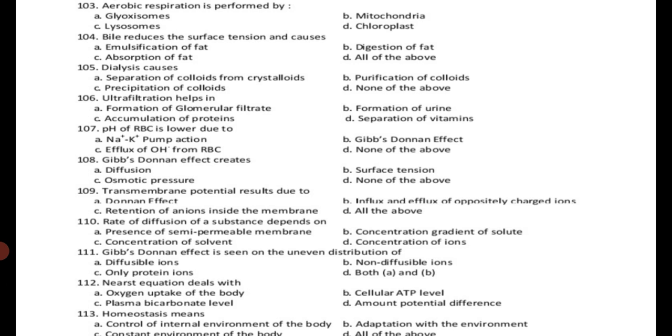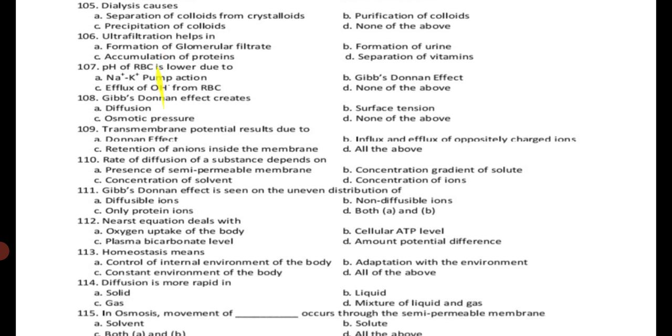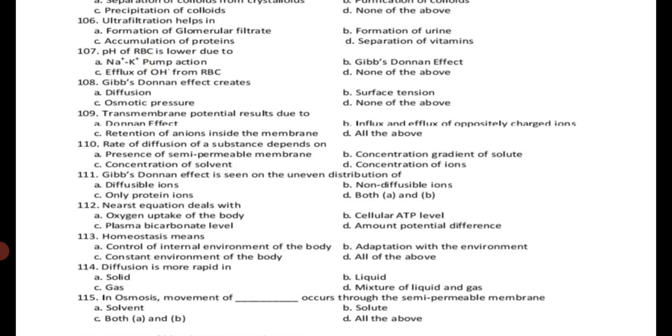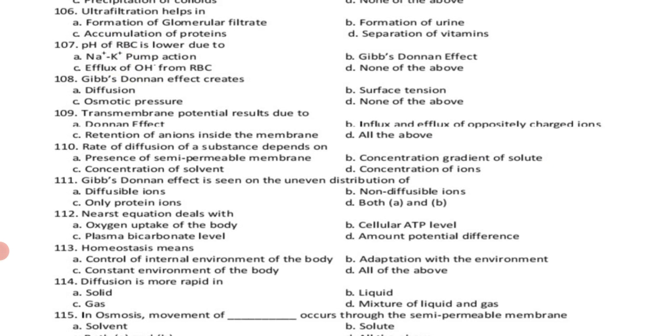For example, your body shivers to maintain a relatively constant body temperature when the external environment gets colder. So option A, that is control of the internal environment of the body, or to maintain an equilibrium of the internal environment of the body. Option A is the answer of question number 113.